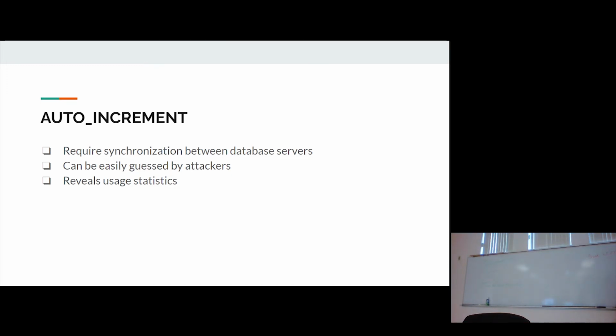One of the things that happens with auto increment is it requires synchronization between all your database servers. If you're using auto increment, then all of your database servers have to know what the next number is, right? So the next number is 1001. Every server in the system has to know that it's 1001, and they have to stay constantly in sync with that. So you insert a record, all of the database servers have to be updated.